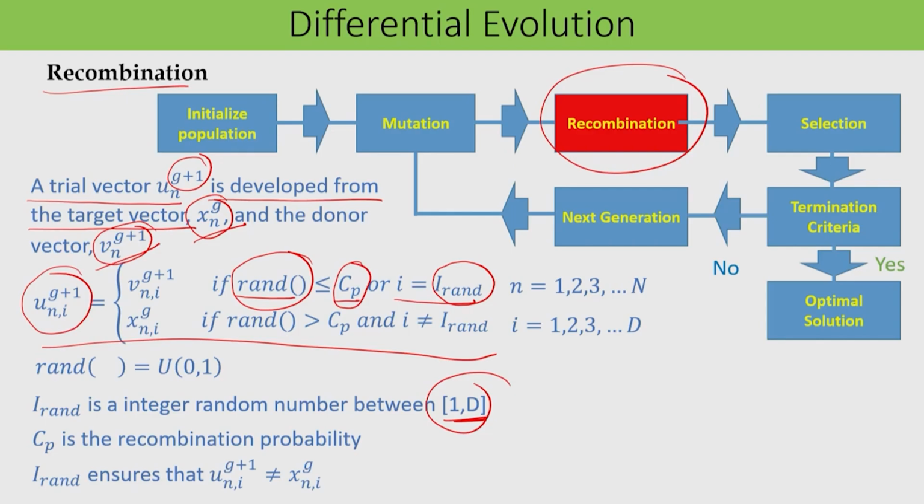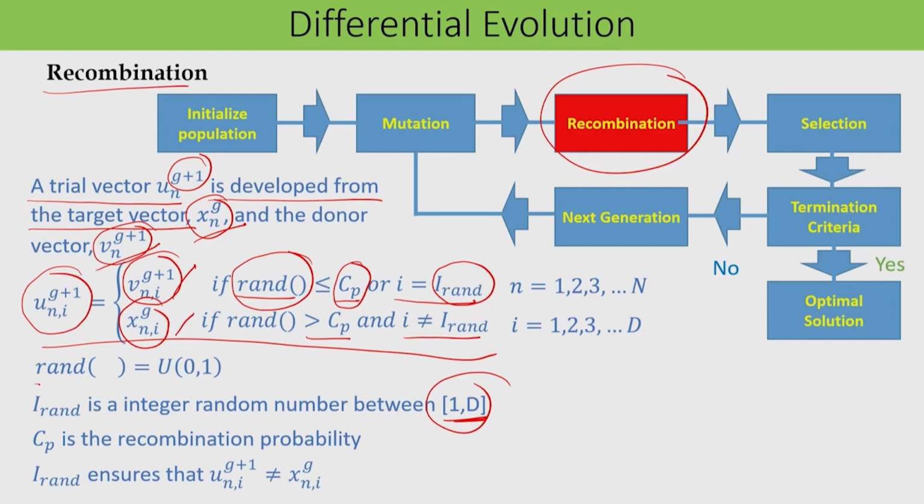So, if rand is less than Cp or i equals i_rand, in that case what we are doing? We are taking that particular variable from the donor vector. Otherwise, if rand is greater than Cp and i is not equal to i_rand, in that case we are taking from the target vector. So, this is a combination of the donor vector and the target vector.